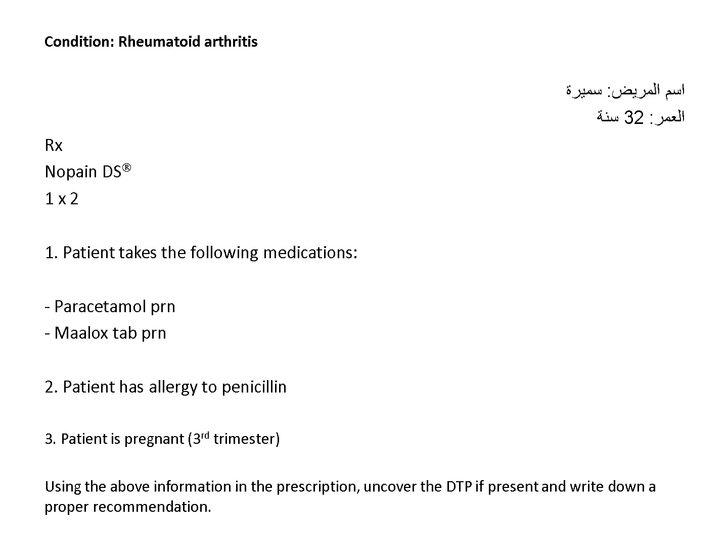She is taking, at the same time, because she's pregnant, paracetamol and Malox, and the physician prescribed No-Pain DS, double strength, 1 tablet twice daily. Using that information, write down what the DTP is, what the justification is, and what the recommendation is. Find out what the No-Pain active ingredient is first, and write the reference that you used to identify the DTP.